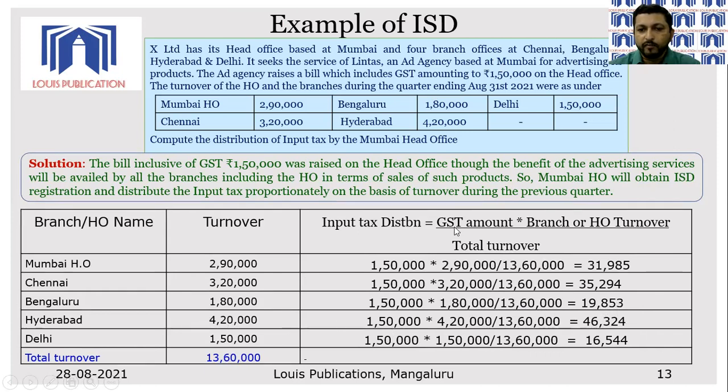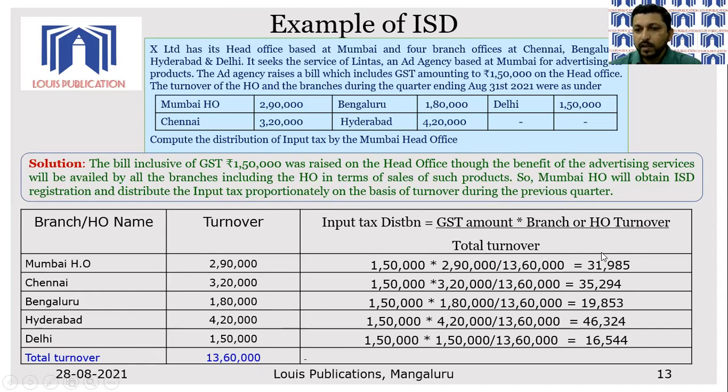Hyderabad, 1,50,000 is the GST amount into turnover of Hyderabad branch is 4,20,000 divided by total turnover of 13,60,000 works out to 46,324. Then finally we have turnover of Delhi is 1,50,000. So 1,50,000 is the GST amount into 1,50,000 Delhi branch turnover divided by total turnover 13,60,000 works out to 16,544.